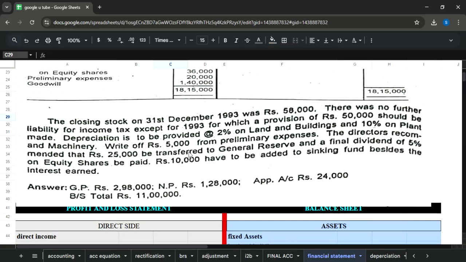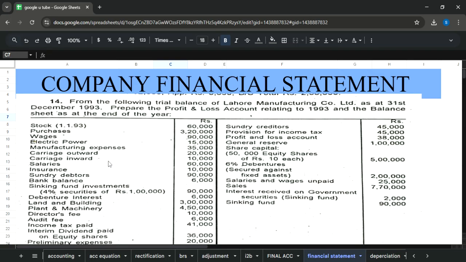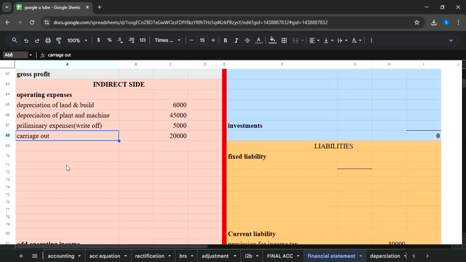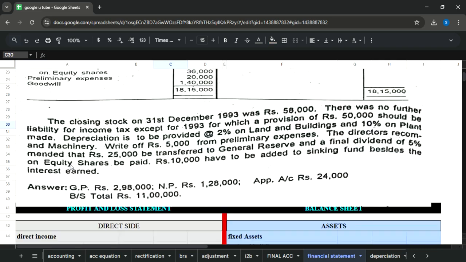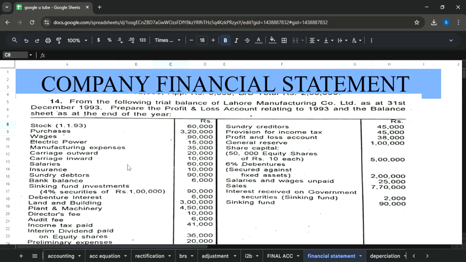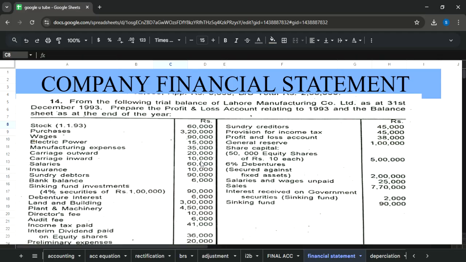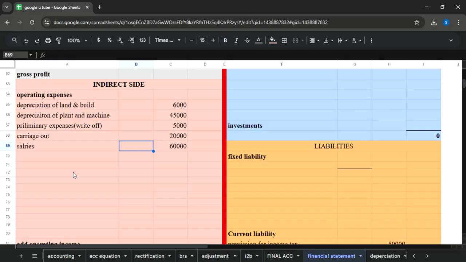Carriage out, operating expense; carriage in, direct expense. Then we have salaries. Just write down the amount. Let's see how much the amount of salary is, 60,000. We will write it in the operating expense side. Then we have insurance. Again, indirect side.